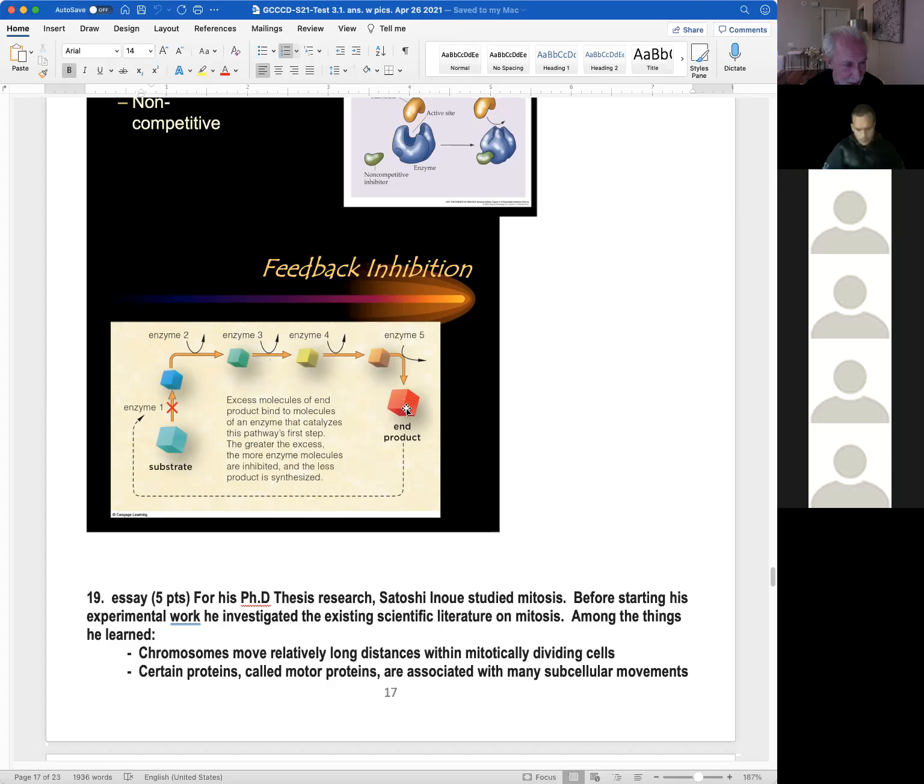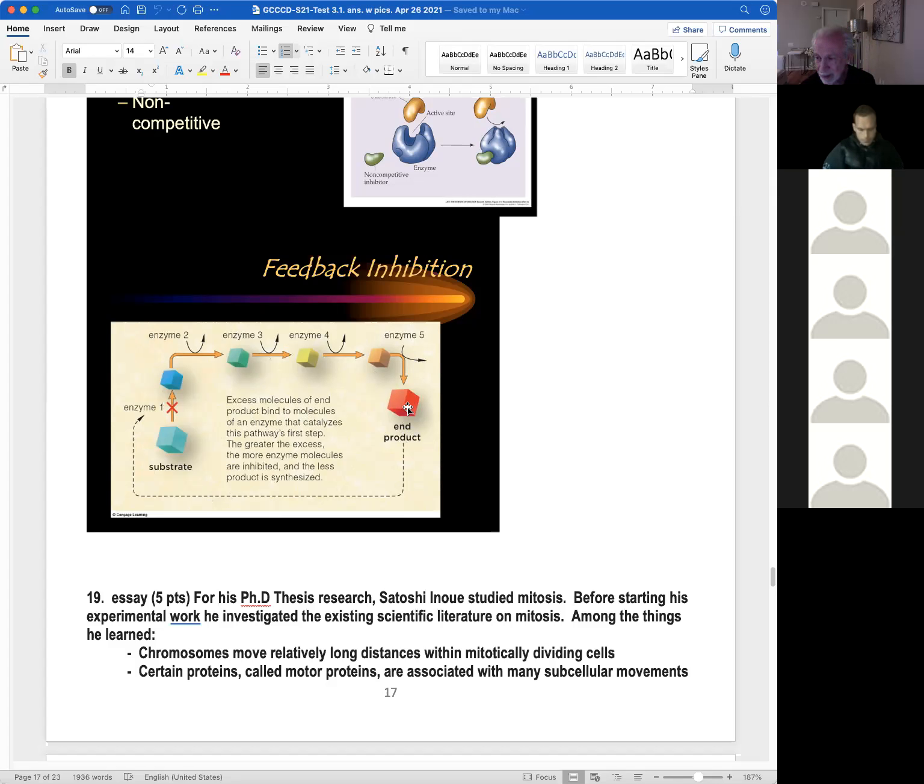So this end product binding to the first step shuts down the pathway. No more end product is made because you don't need any more to heal your wound. And so this pathway then would remain completely shut down until the next time you need a scab.